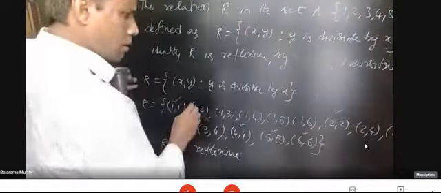Now, find out whether R is symmetric or not. Not symmetric. Why? (1, 2) is there, but (2, 1) is not there.